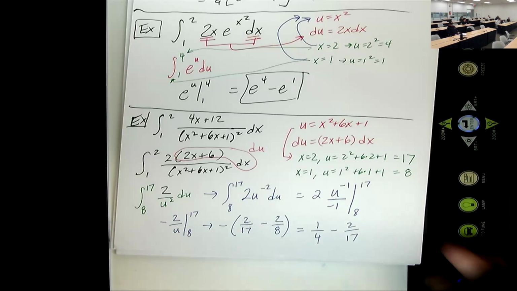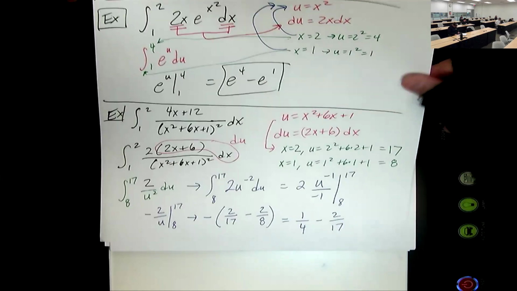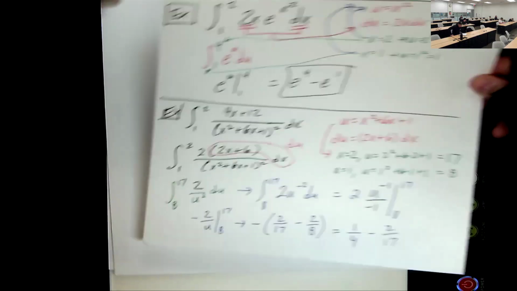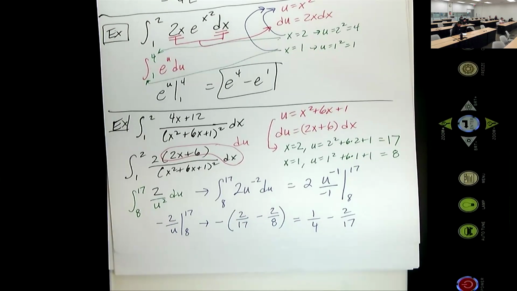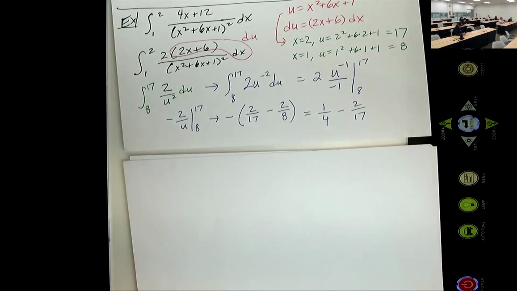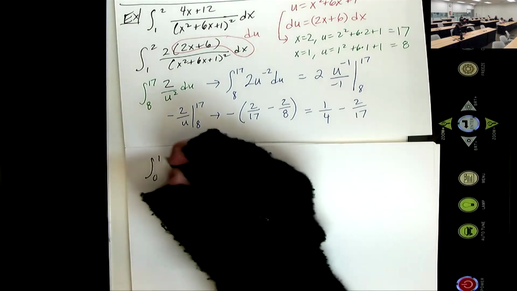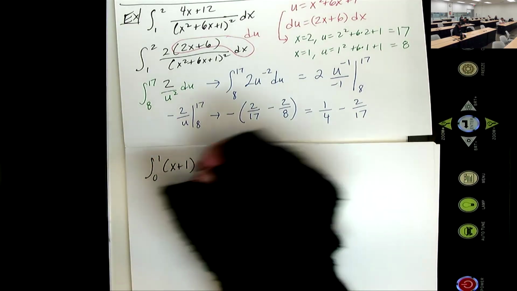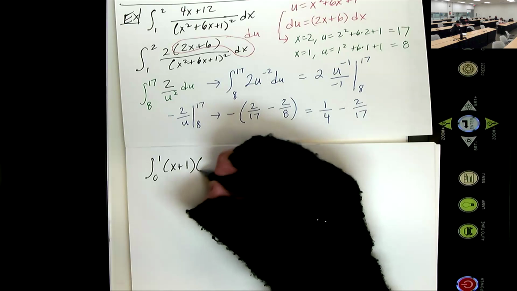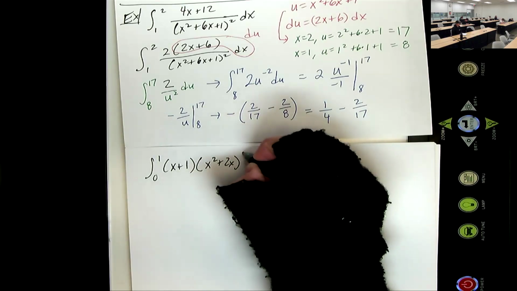You guys ready for more? We're still writing, I don't want to pull it too soon. Let me give you the next one so you can start that, for those that aren't writing this one. We're going from 0 to 1, we have the quantity x plus 1, and then x squared plus 2x to the 5th power.